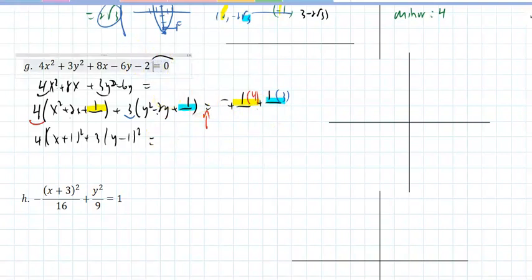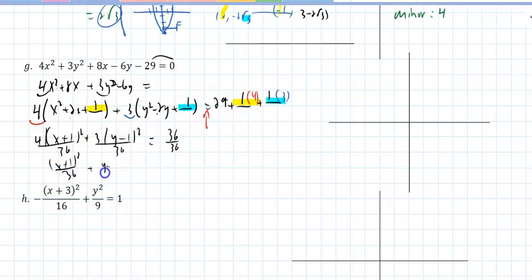I'm making that a 29 just to make things simpler. So 29 plus 4, that's 33, that's 36. So to make that a 1, I didn't think of that when I made the problem up. This will be x plus 1 squared over 36 plus y minus 1 squared over 12 equal to 1.